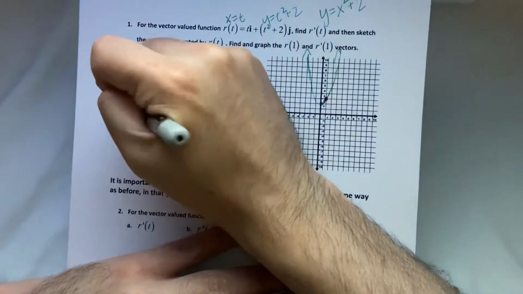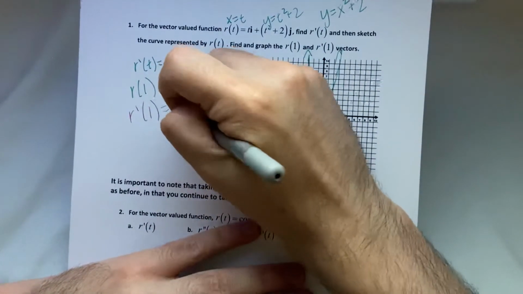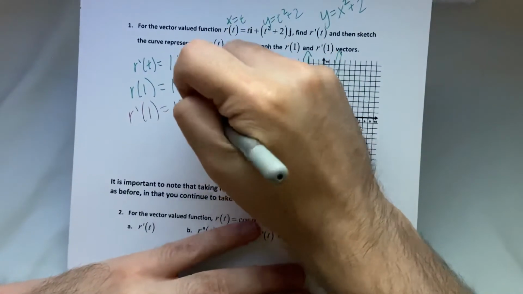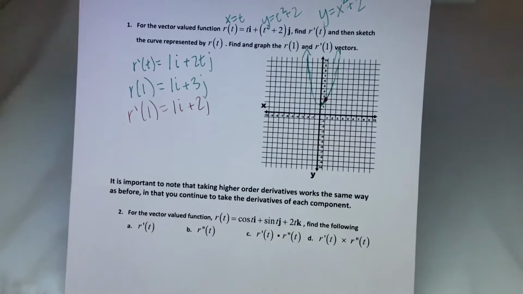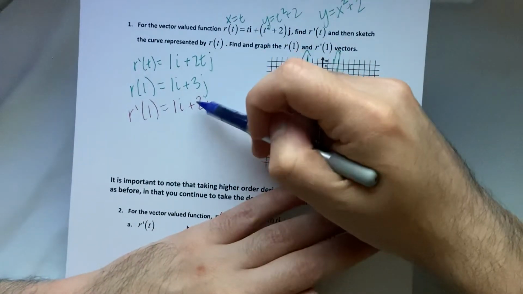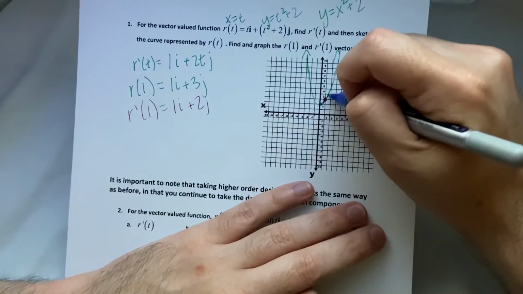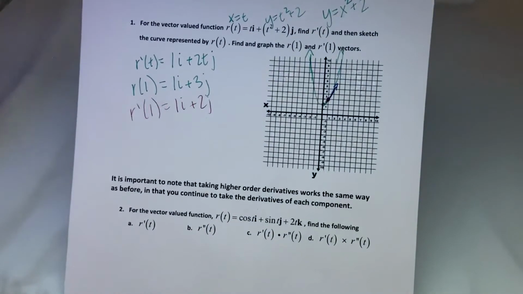Now what about r prime of 1? Using this function, it should just be 1i plus 2j, which is the equivalent of saying the slope at that point is change in y over change in x, 2 over 1. So basically, it's the tangent line at that point.